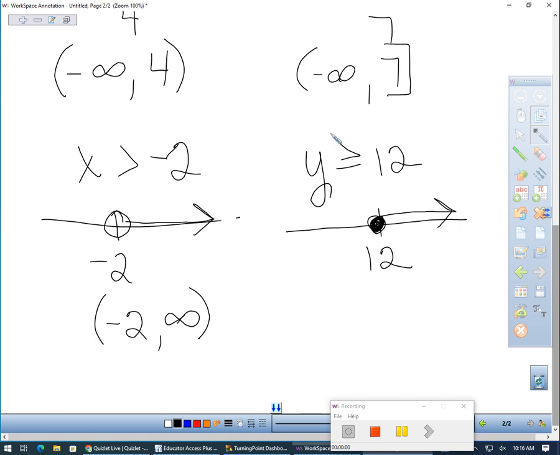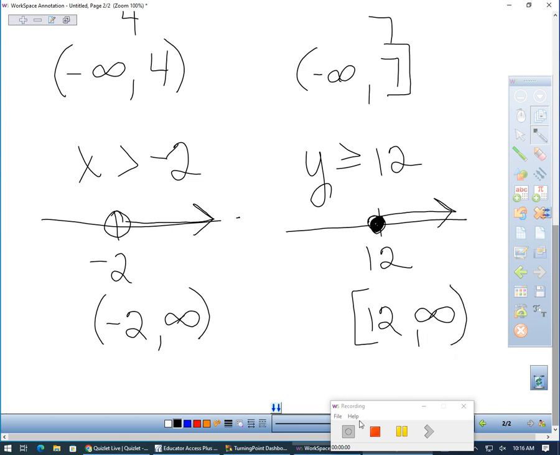The interval notation that represents this: as I go from left to right, the first thing I come across is this closed dot, which means I have a bracket at the number 12. This goes all the way with that arrow, and that arrow goes to infinity. And you can never stop on infinity, so it's a parenthesis.